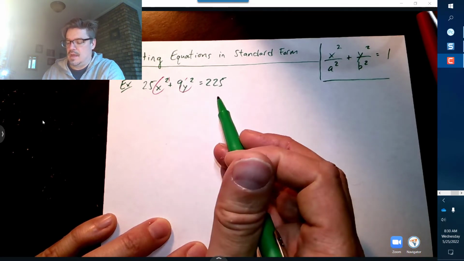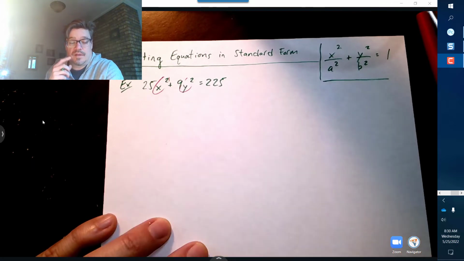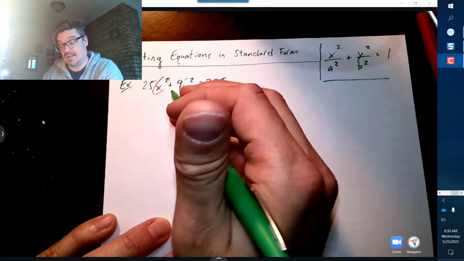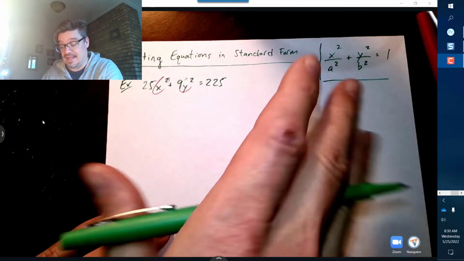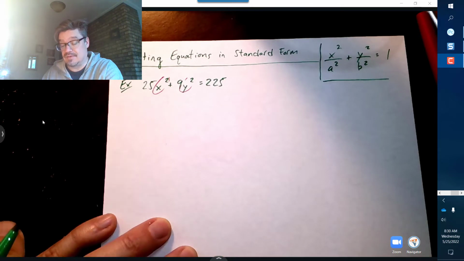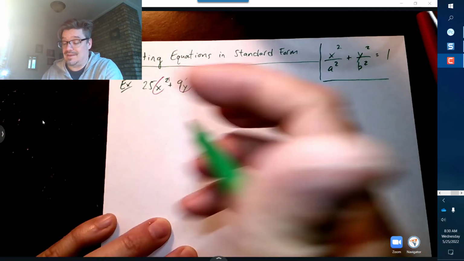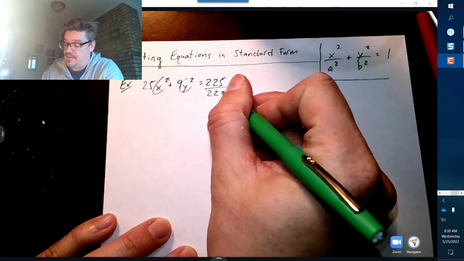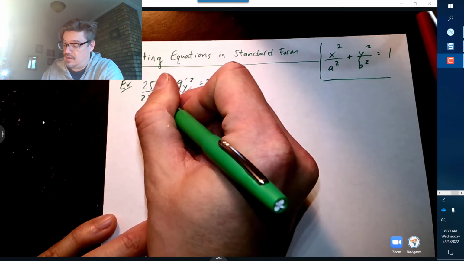So the quick step, one of the last steps you'll have to do once these get more complicated, is that you'll notice x squared and y squared are on the same side, on the left-hand side, and there's nothing else to do. You want to set this equal to 1. So divide everything by 225.